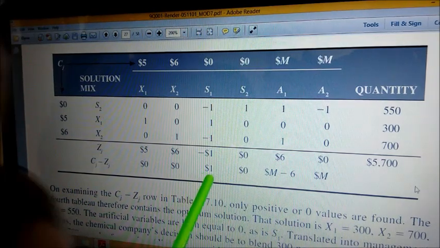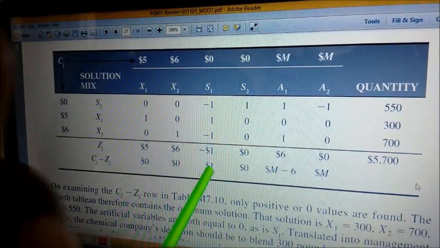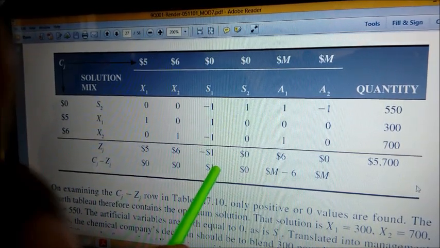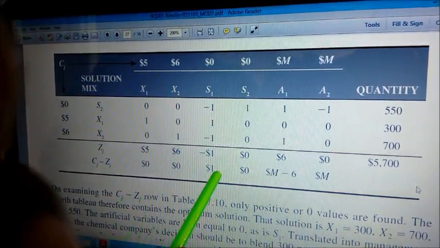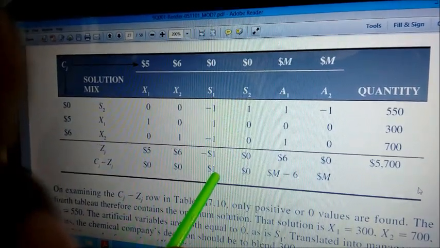So the value of S1 in the Cj minus Zj row is 1 out here. This we call the shadow price. The value in this particular cell is called the shadow price.